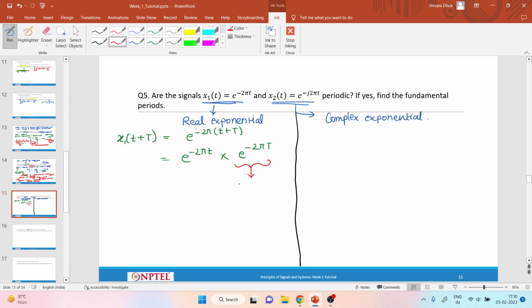So this factor will be equal to 1 if T is equal to 0.